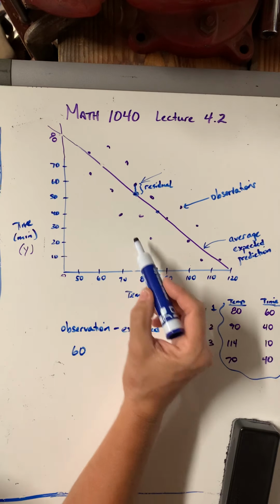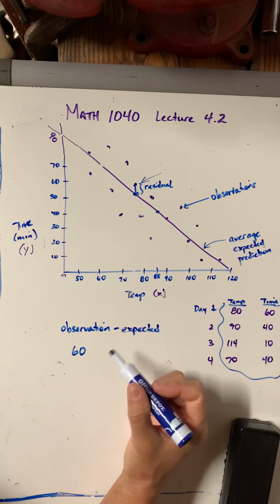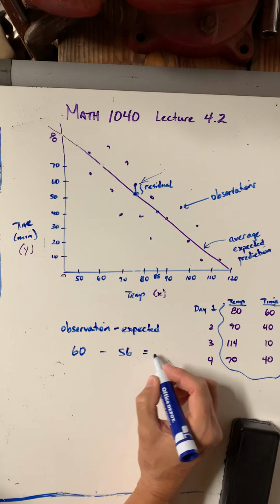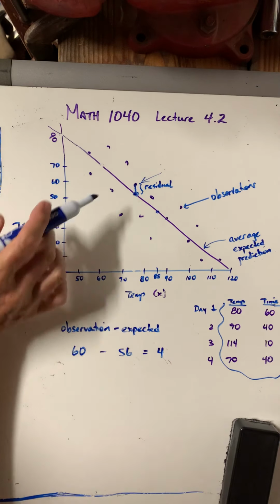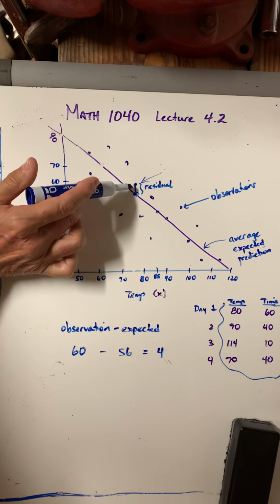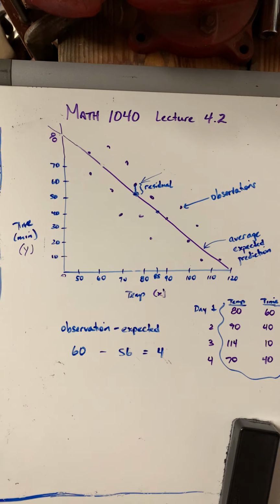So my expected value, when I plugged it into the equation of my line, gave me, let's say, 56. So minus 56. So my residual in this case is 4. In other words, my actual observation was 4 minutes more than what my expected value was when I used my predicting line.